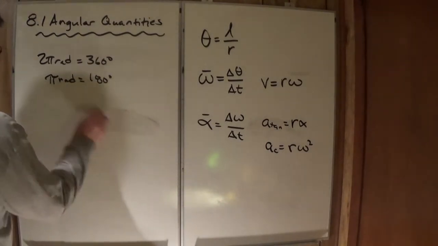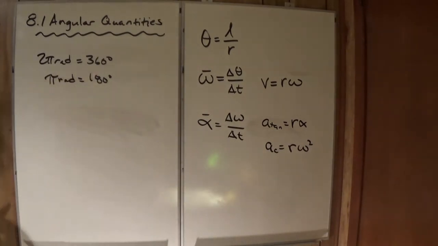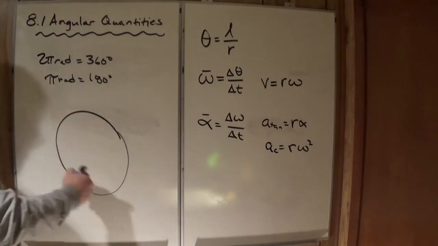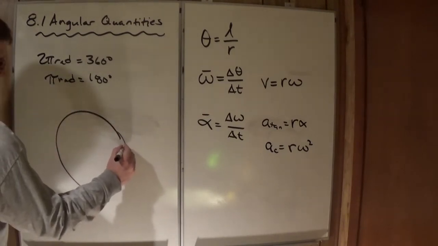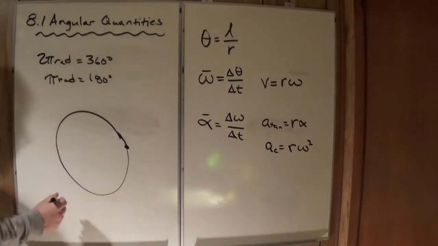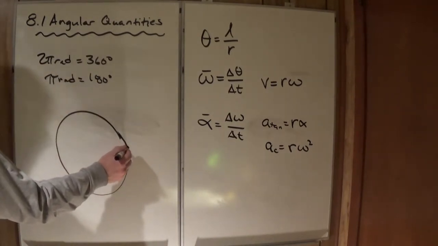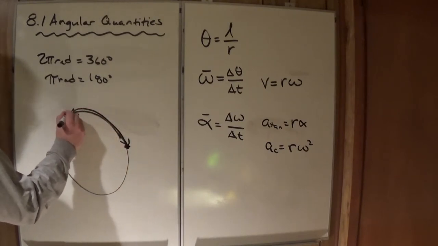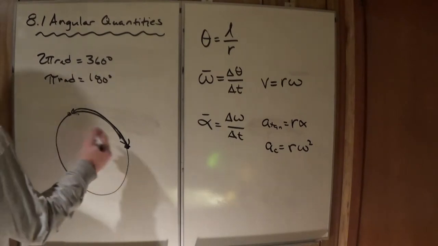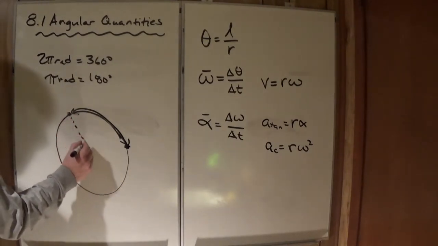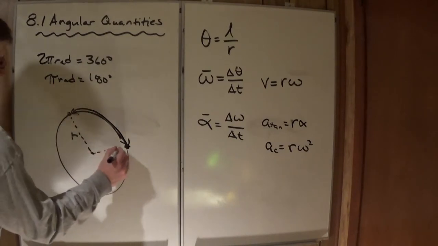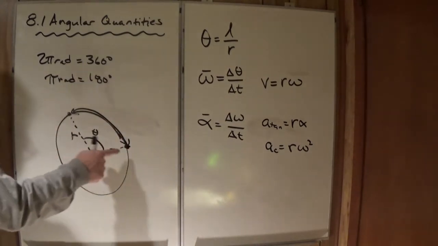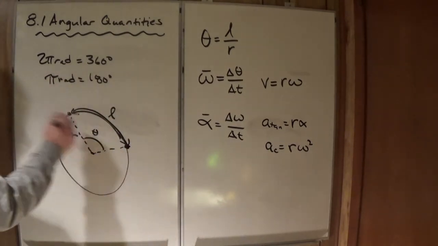All right. So how and why would we possibly use this equation? Say we have an object that's rotating, a wheel or a disc or something, and we choose a position on the outer edge, and we want to know how far it travels along the edge. What is this distance along the edge to here? Well, if I know the radius of the circle, r, and I know how many degrees I rotated through, this equation tells me how to calculate the length of this arc.